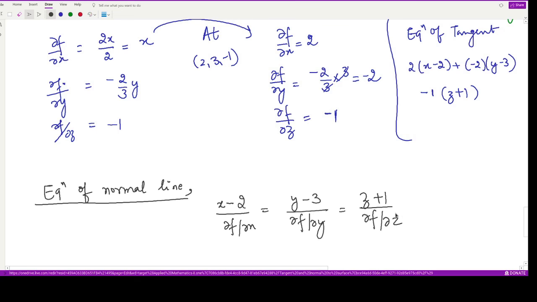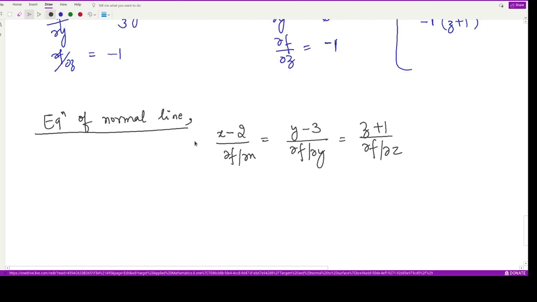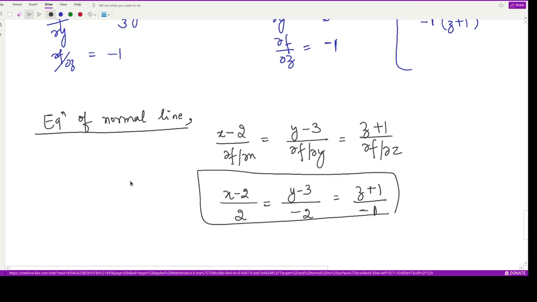So accordingly, because we have all these values, this is equal to x minus 2 divided by 2, which is equal to y minus 3 divided by minus 2, and this is equal to z plus 1 divided by minus 1. So this is the equation of normal line.